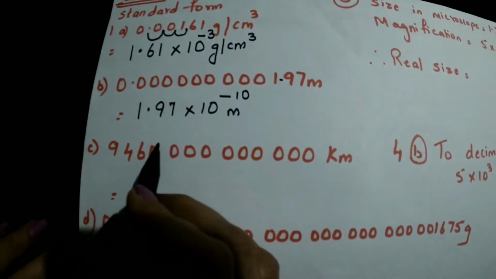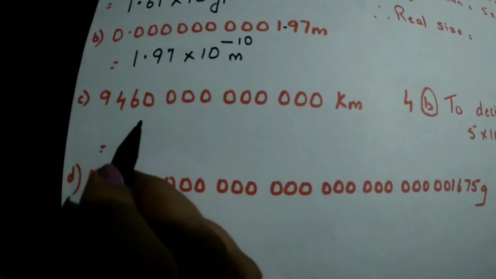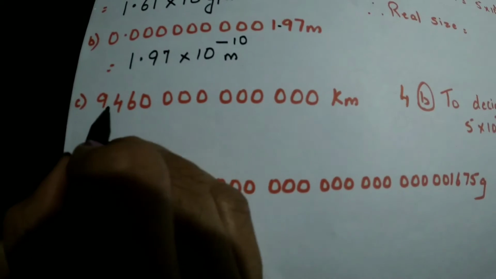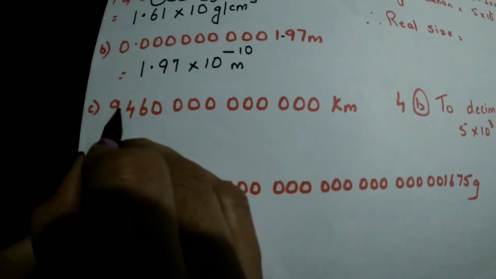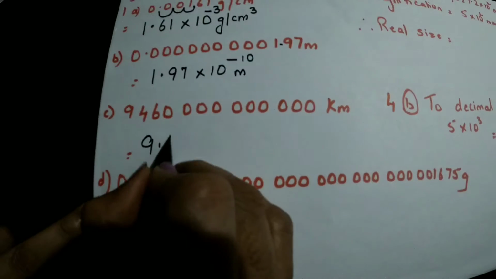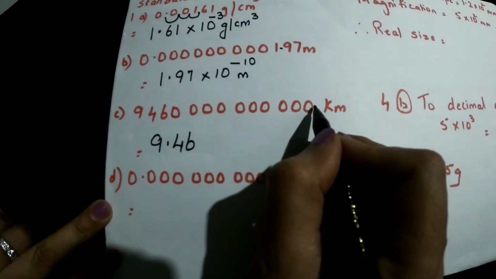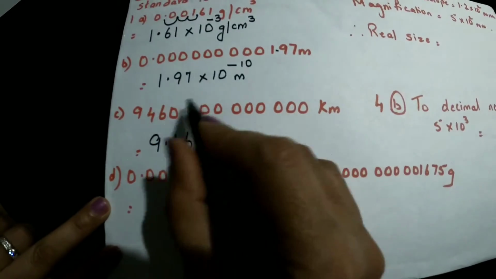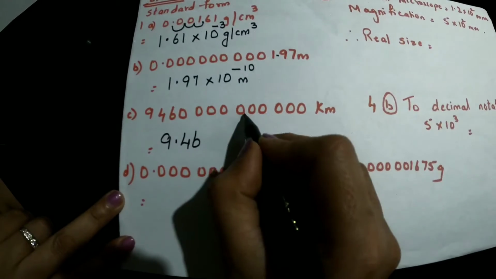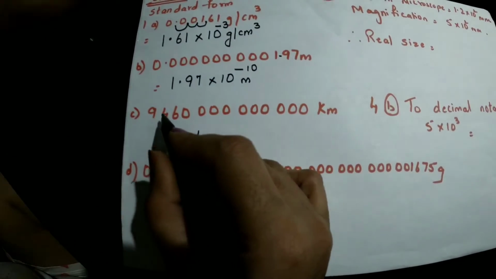The C one is 1 light year is 946 and several zeros given kilometers. So this sum now, I have to put a decimal here between 9 and 46. So 9.46, and from here count the number of places. You have brought the decimal from here to 9.4. So 1, 2, 3, 4, 5, 6, 7, 8, 9, 10, 11 and 12.